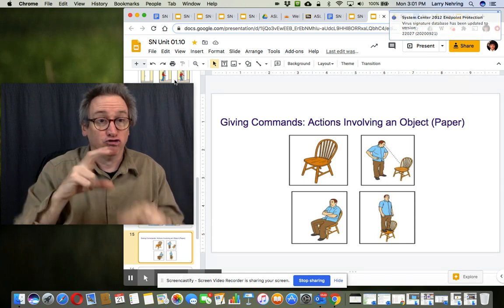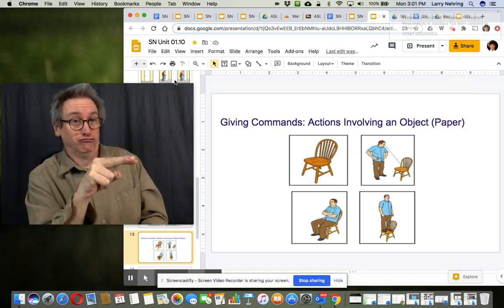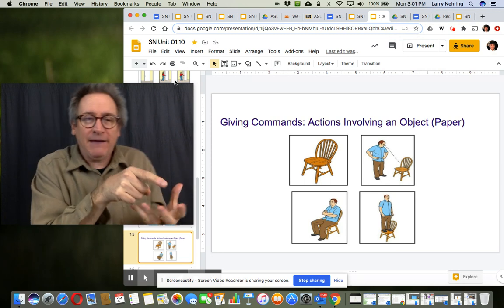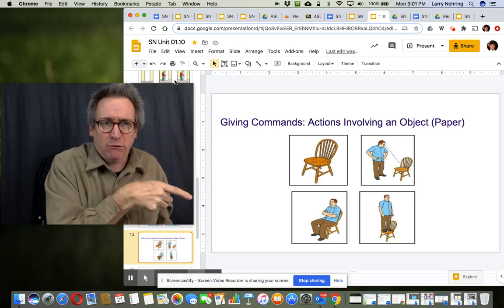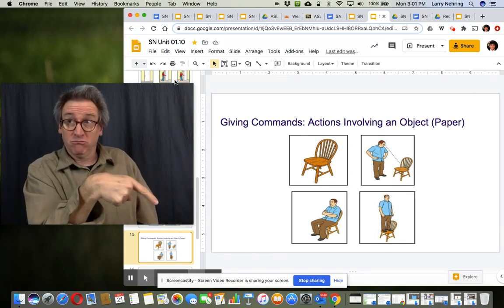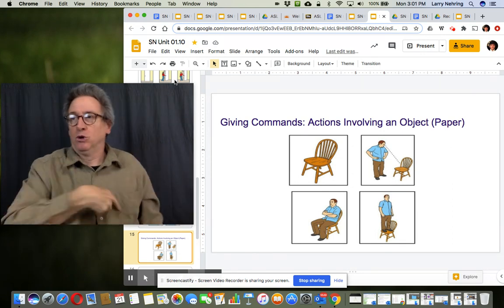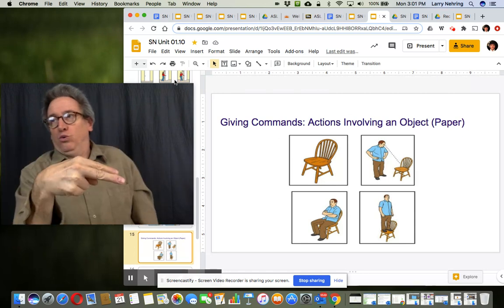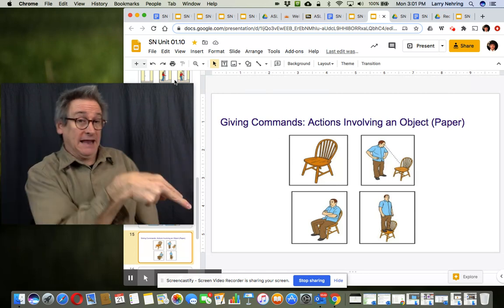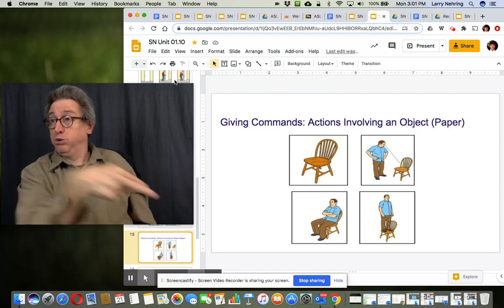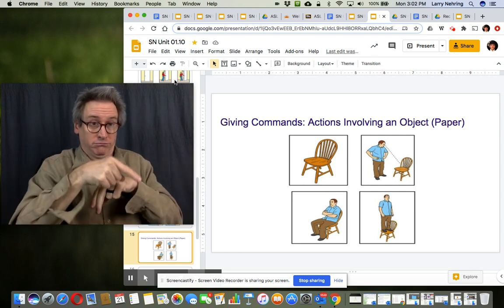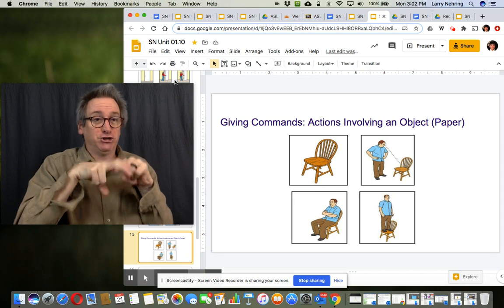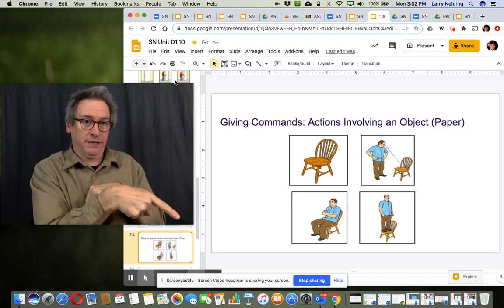So if you're setting something up, pointing to it, give it a pronoun. So chair, that one. I want you to look at that chair. Chair there, you sit there.